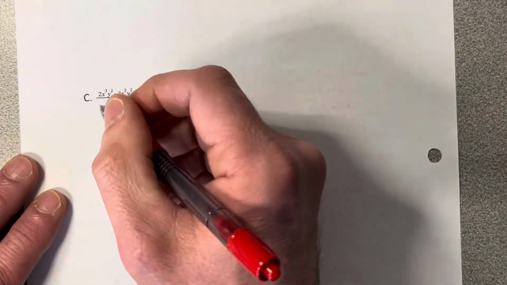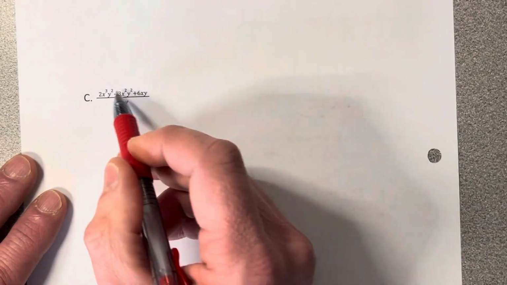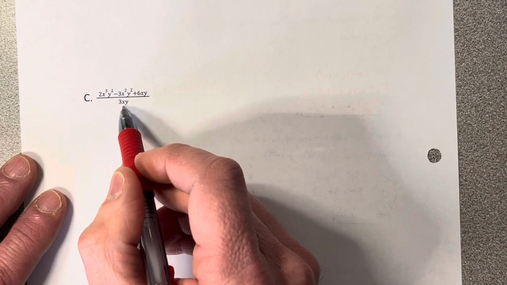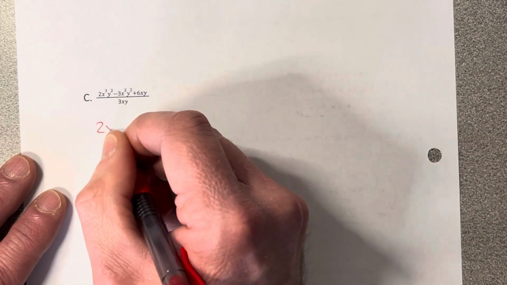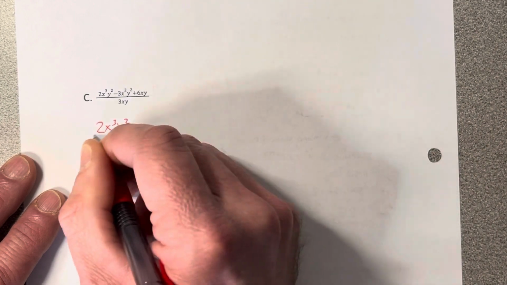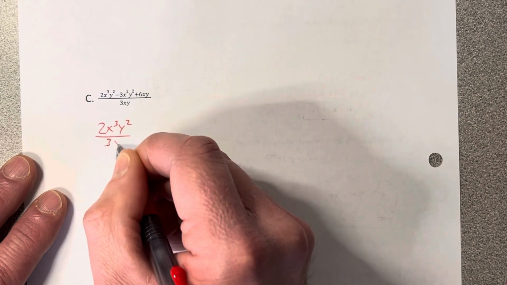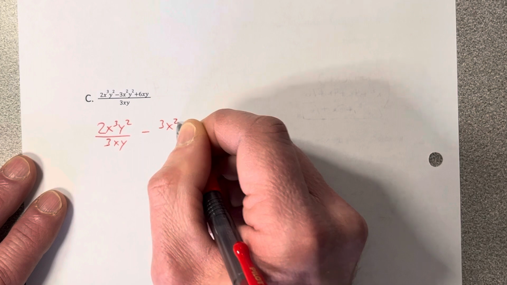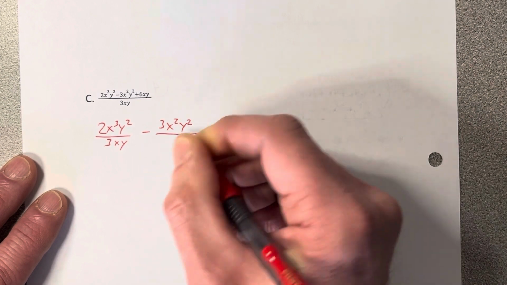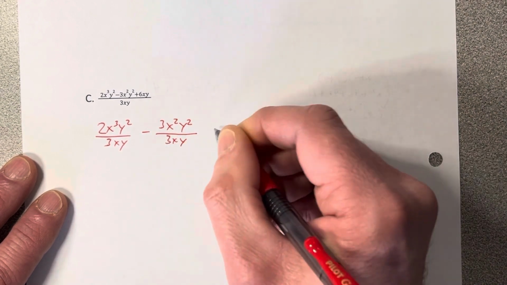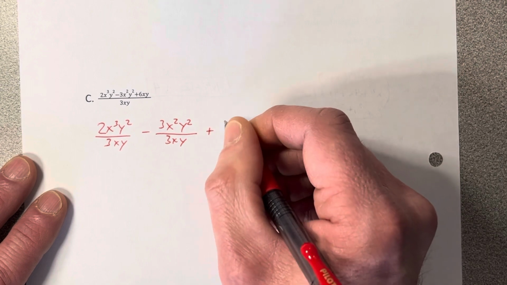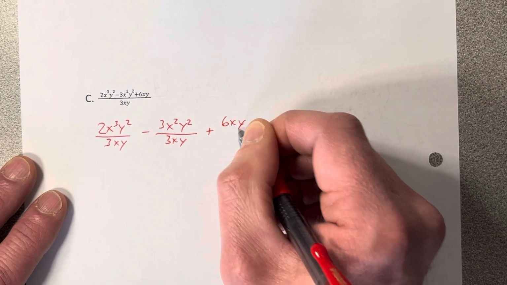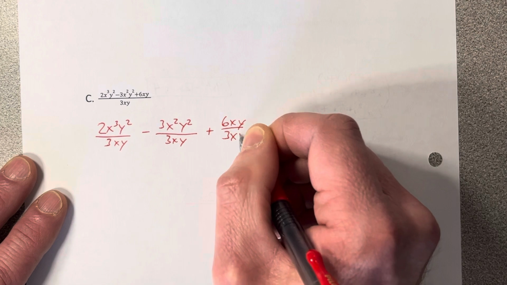And on this last one, it's just written another way, but do you see how all of this is being divided by 3xy? You're going to distribute it. You're going to divide the first term by 3xy, the second term by 3xy, and finally, the third term by 3xy.